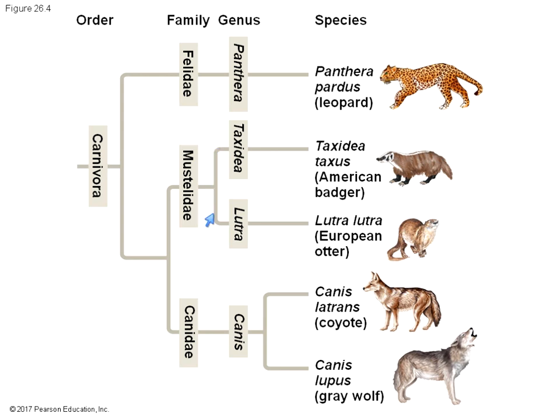Taxidea and Lutra are both species within this particular family. A close relative would be the Canidae, which would be the genus Canis, and this brings us to Canis latrans and Canis lupus, which are both basically cousins of each other. Same genus, different species.